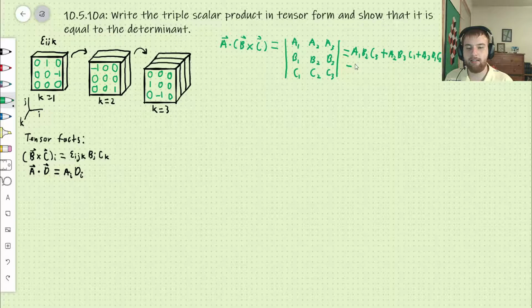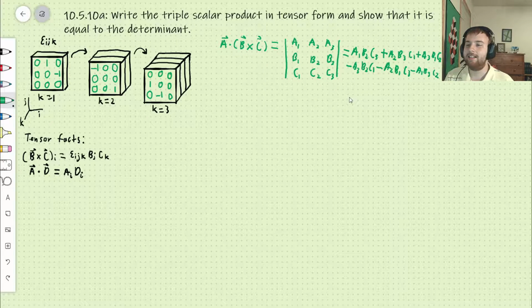And then minus A3 B2 C1, minus A2 B1 C3, minus A1 B3 C2. You can do the basket weaving approach, or you can do it the proper way.